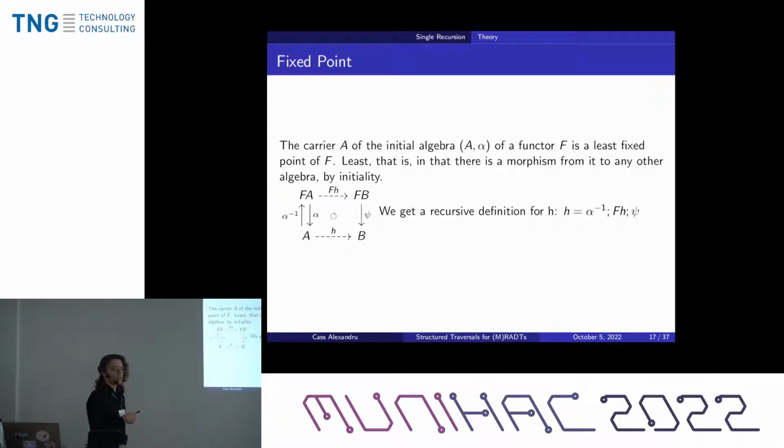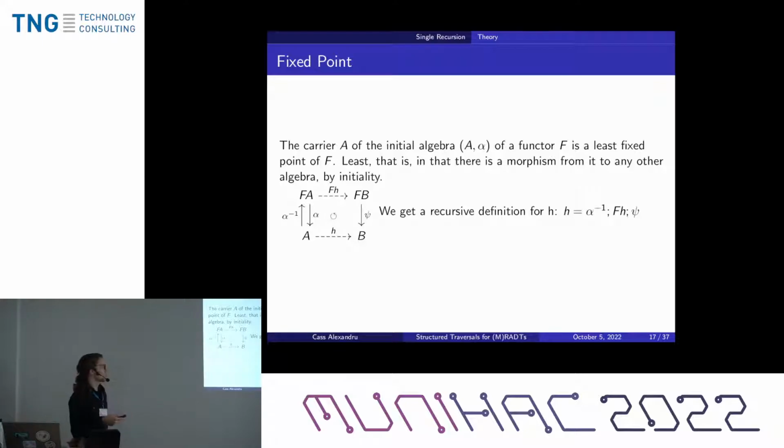And because of the commutativity of this diagram, we can give a recursive definition of this, because this edge is the same as taking... all right, no, sorry.